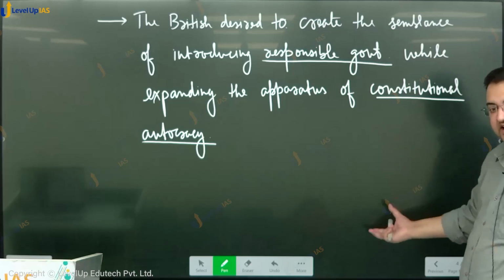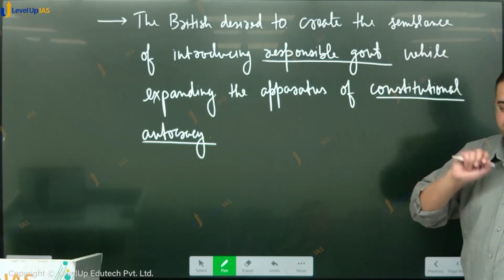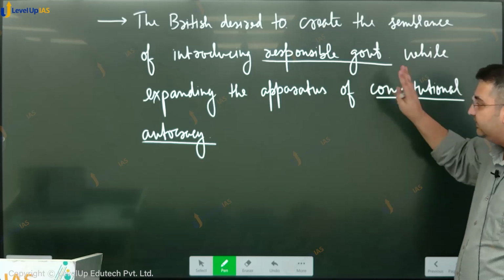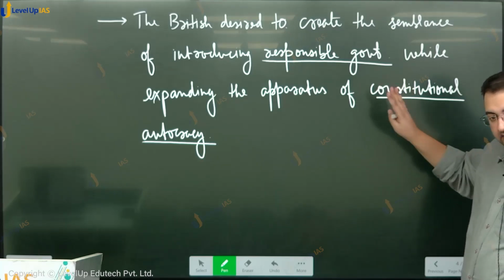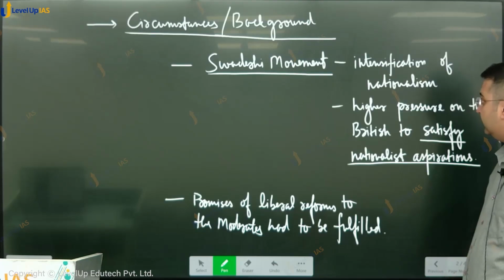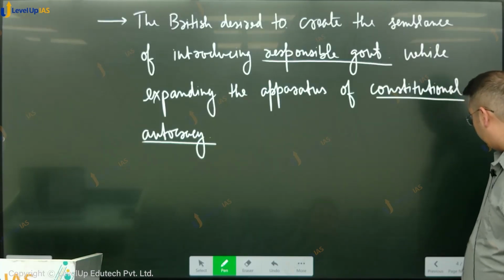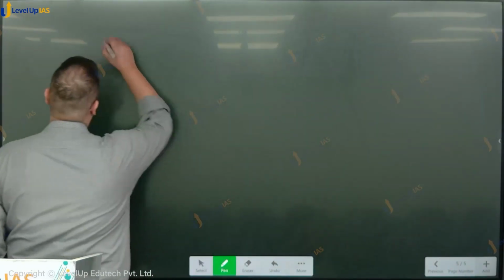That means give themselves constitutional power, deprive Indians of any meaningful power. Okay? So these are the circumstances or backgrounds within which the Indian Councils Act came in. Clear? Now the important provisions.